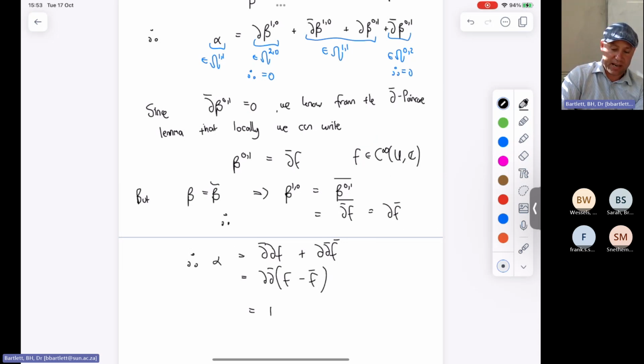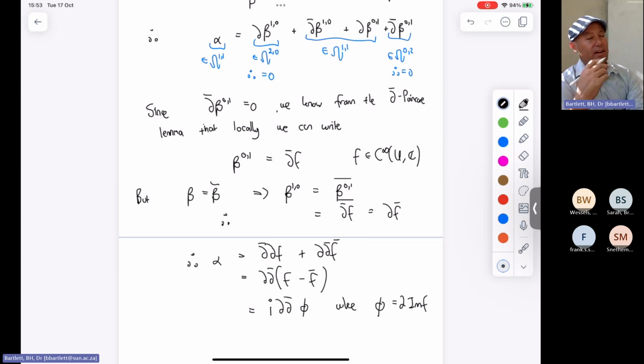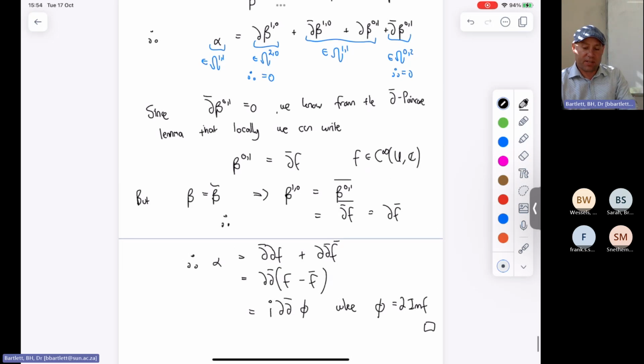So I can write this as i times del del bar of phi, where phi is 2 times the imaginary part of f. Because if you take a number and subtract its complex conjugate away, you get 2i times the imaginary part of that complex number. Okay, so I proved that alpha can be written like this.